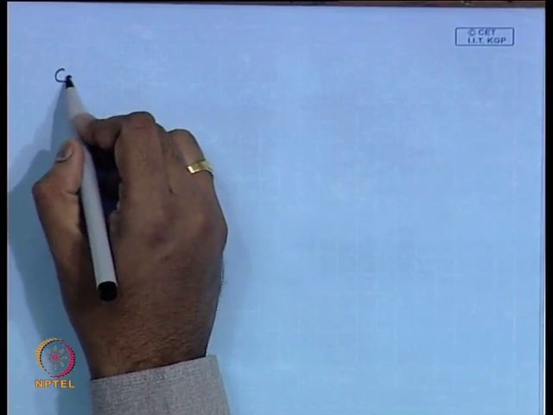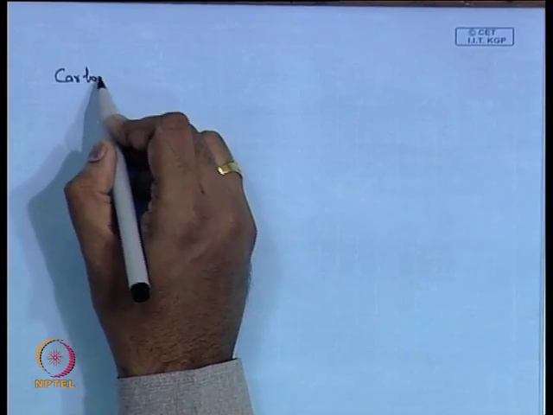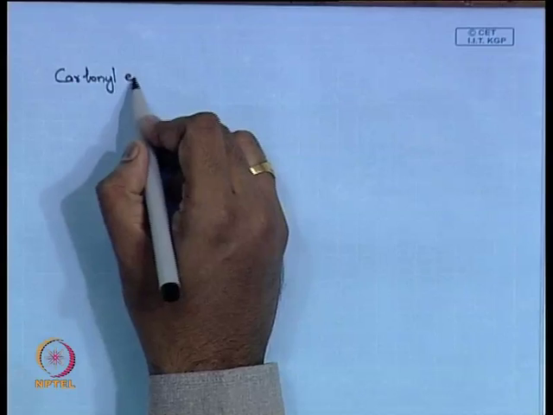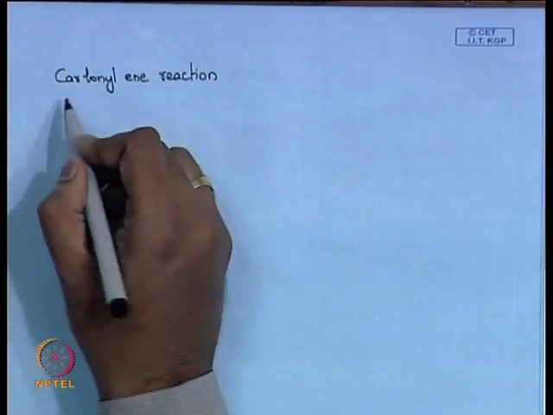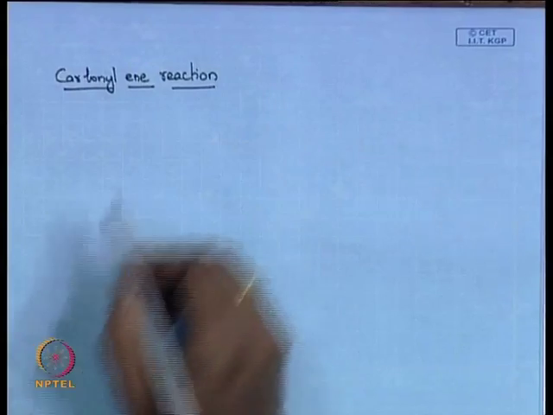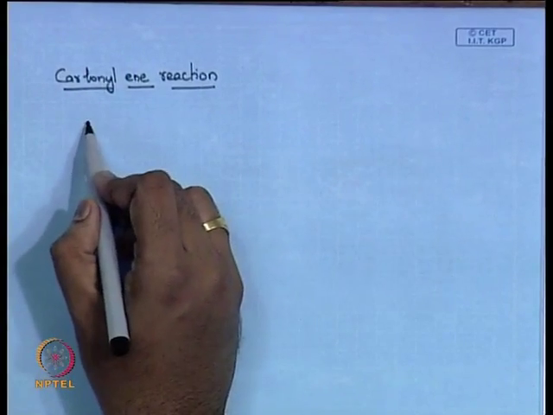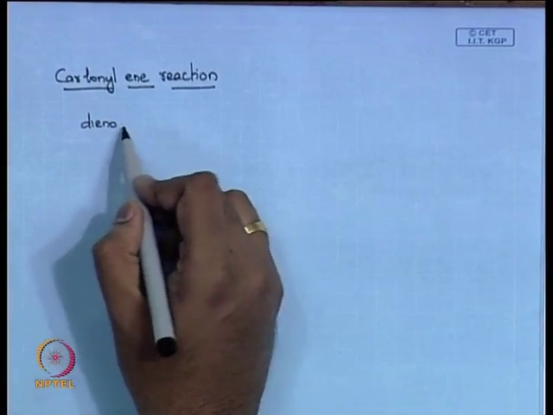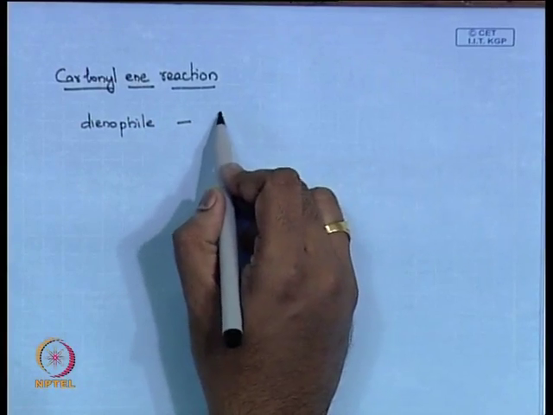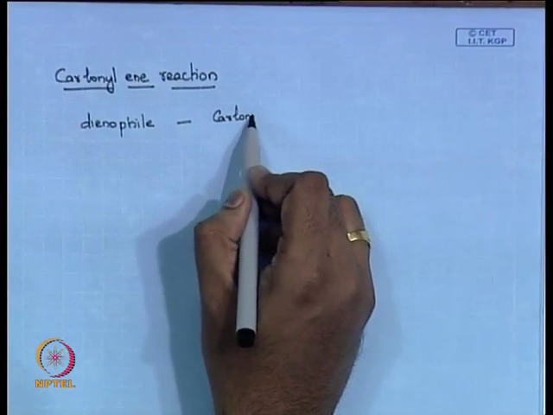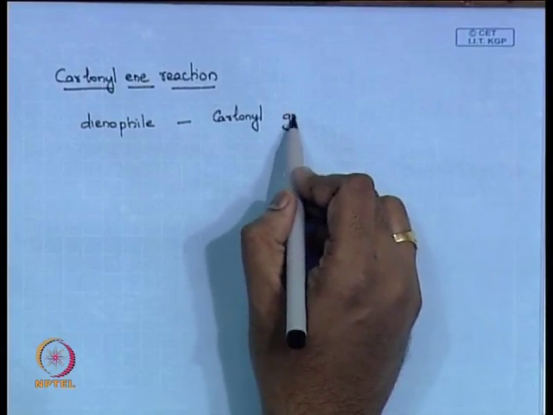We can call them carbonyl ene reaction, a good variant of ene, where your dienophile is the carbonyl group.